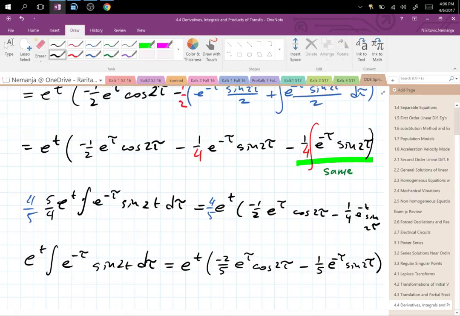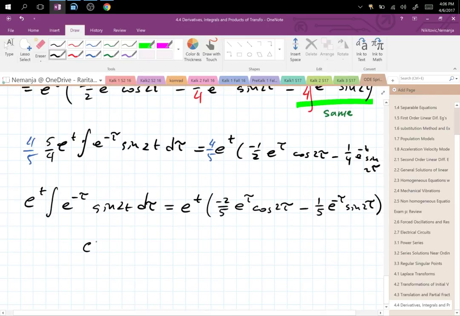And now you apply 0 and t. E to the t. Apply first t. So it's going to be negative 2/5 e to the t cosine 2t minus another t over here, which is 1/5 e to the negative t sine of 2t.